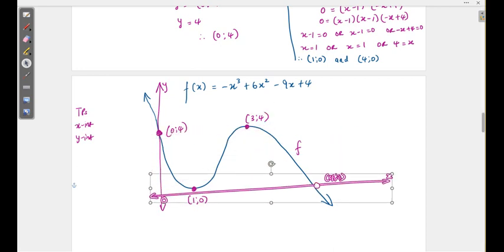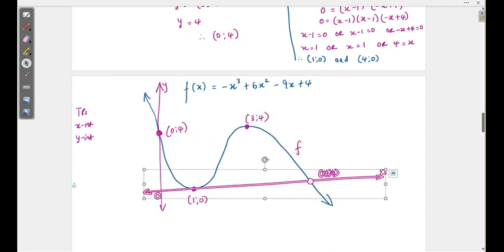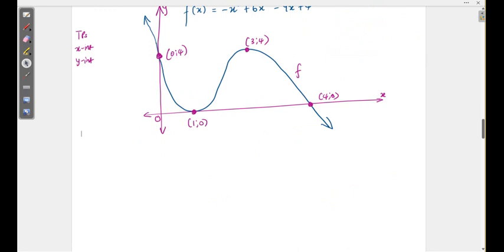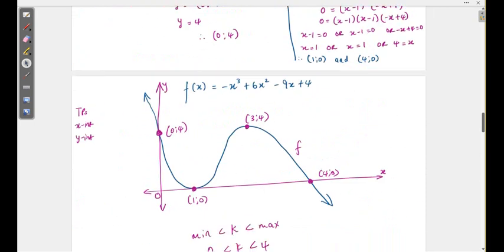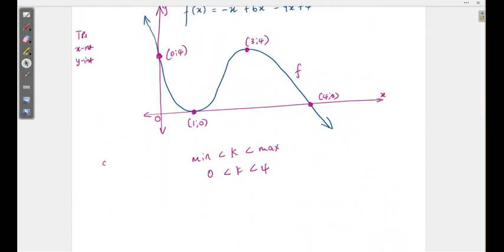You must move the line between 2 turning points. So the answer to that, you will just say k should be between the minimum and the maximum. Now the minimum is 0, and the maximum is 4. Okay, so for questions like 8.3, usually they just come in there to increase the value of the question paper. However, that's how you would answer them.